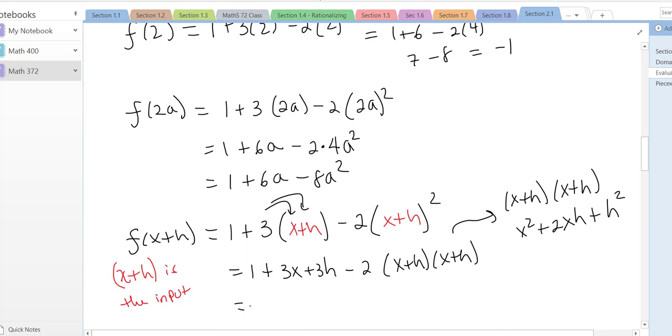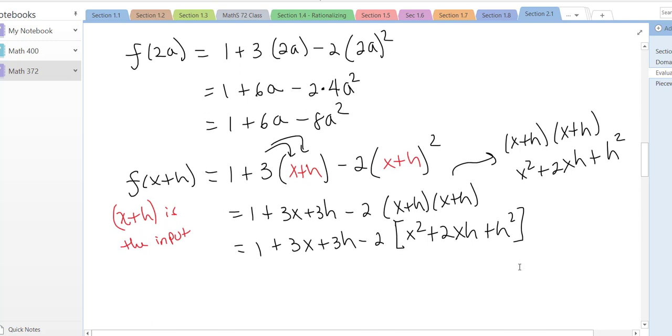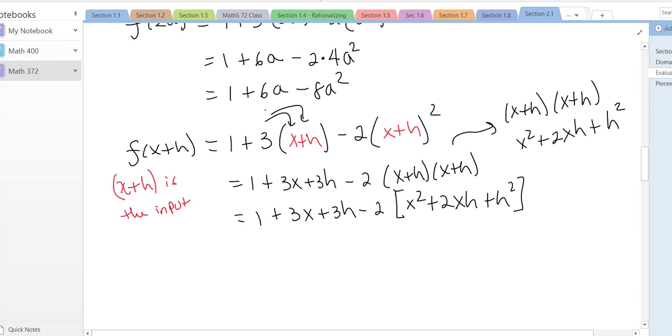And so we're going to have 1 plus 3x plus 3h minus 2 times this whole thing, x squared plus 2xh plus h squared. And now distribute that minus 2. So I have 1 plus 3x plus 3h minus, distribute the minus 2.